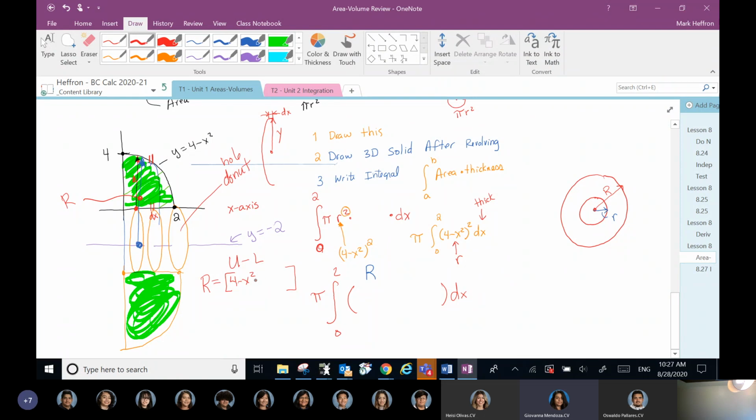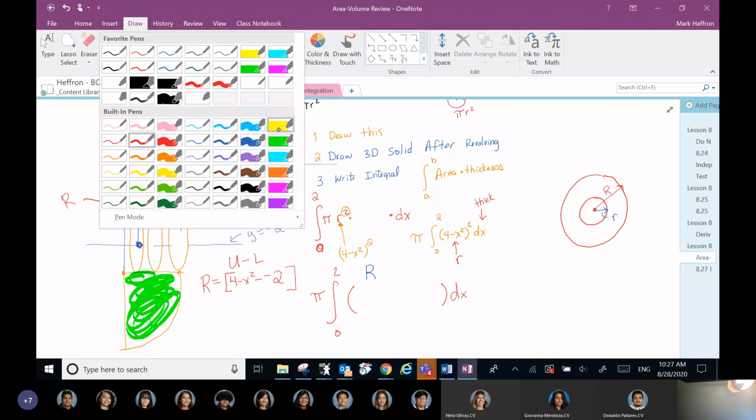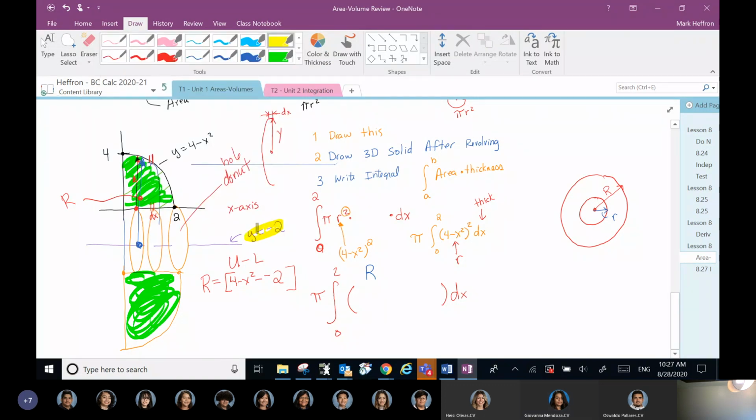Almost. Minus a -2. Because, Giovanna, do you see how that axis we revolved around was already negative? It was below the x-axis. And so it sort of makes sense. What's a negative and a negative? Positive.